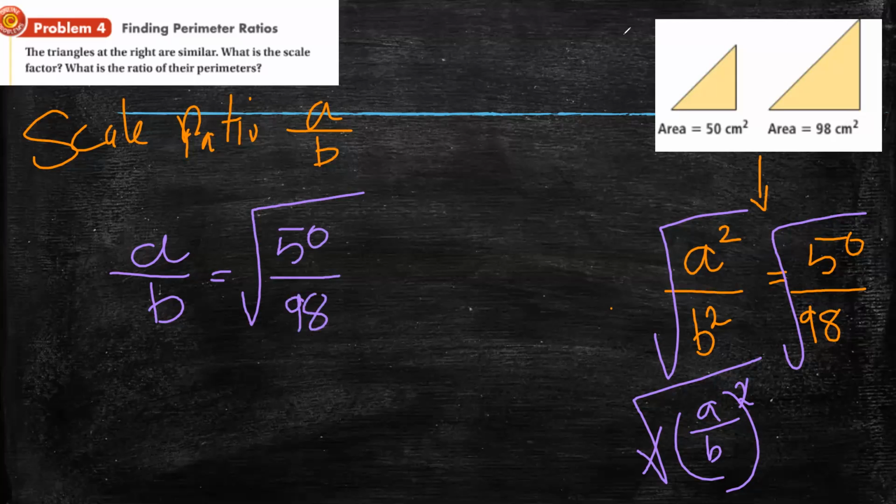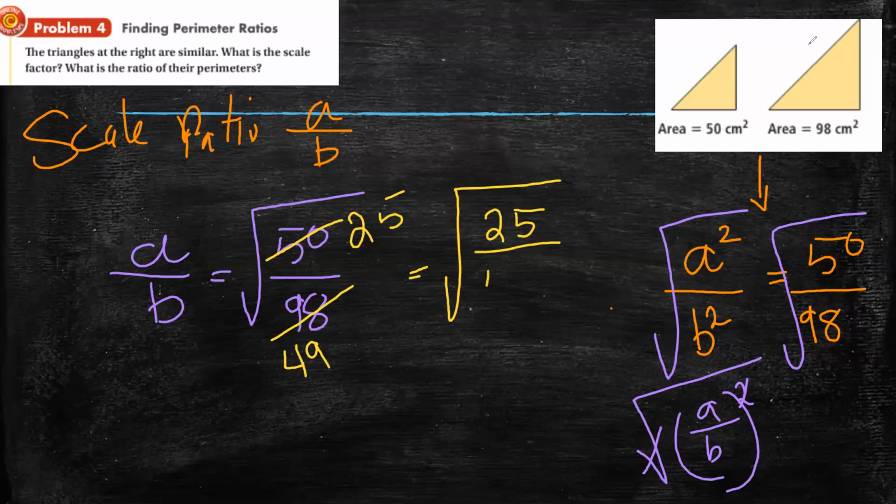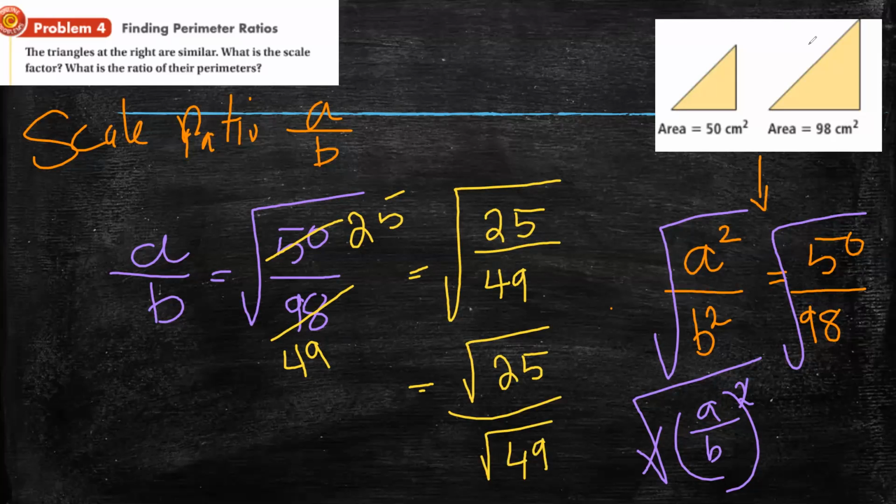Let's now simplify it. 50 over 2 is 25, and 98 over 2 is 49. So it becomes the square root of 25 over 49, or the square root of 25 over the square root of 49. Is it right?